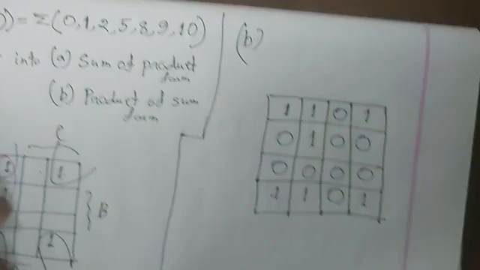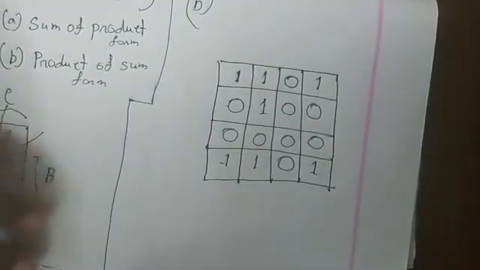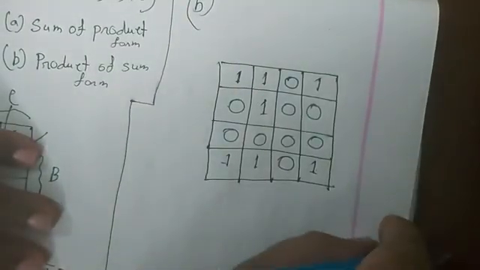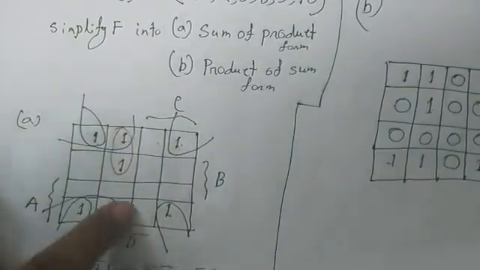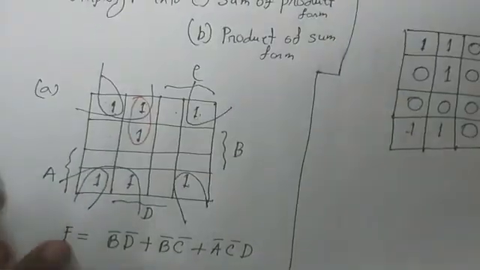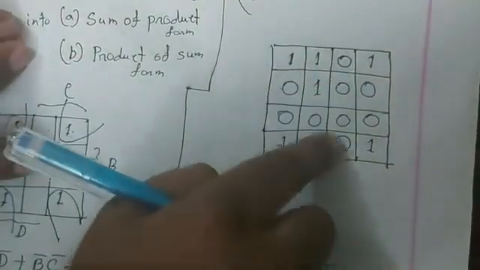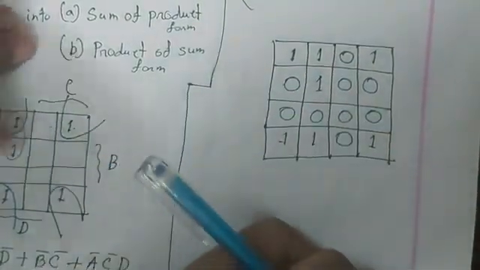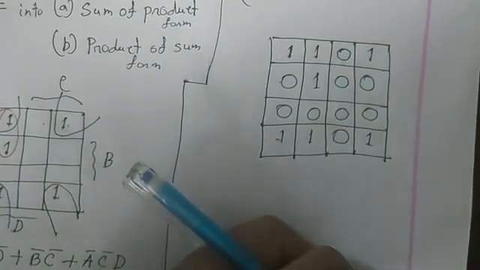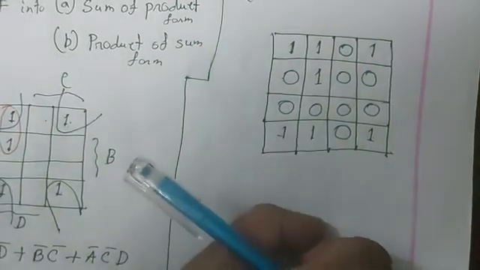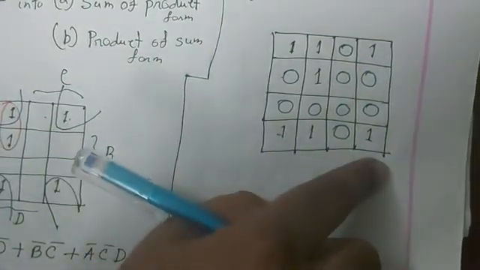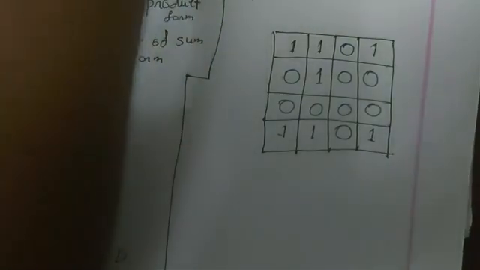If we make a group of ones, we get simplified f.